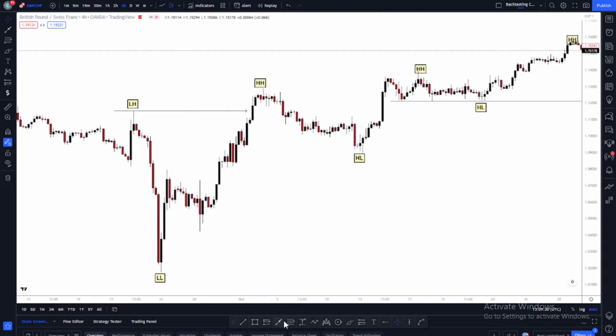We have our lower high right here, which created this lower low. Price broke above our lower high and created a higher high. Then price continued to make a higher low, came back up, broke our previous higher high and created a new higher high.